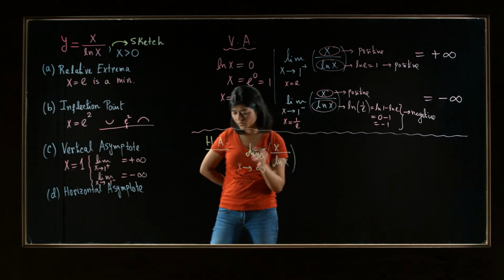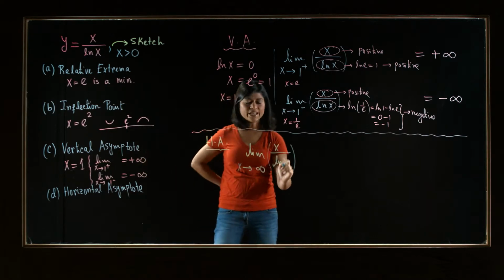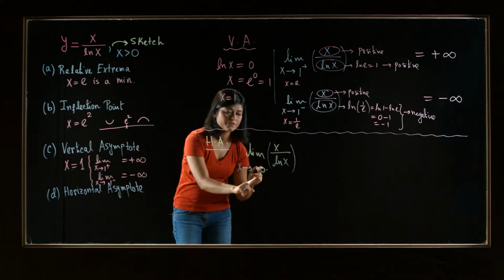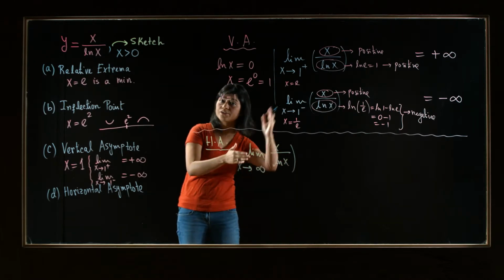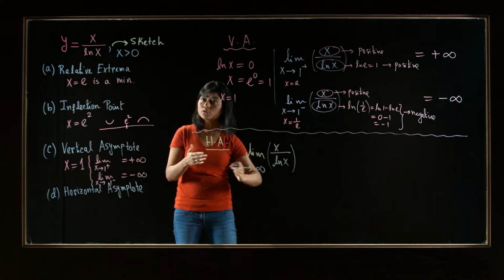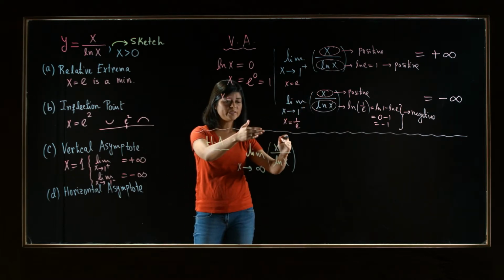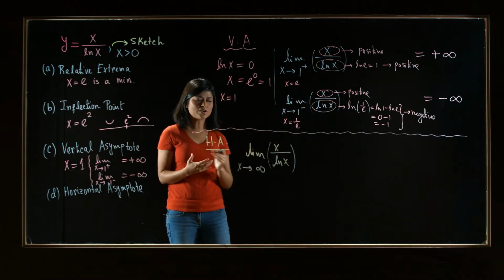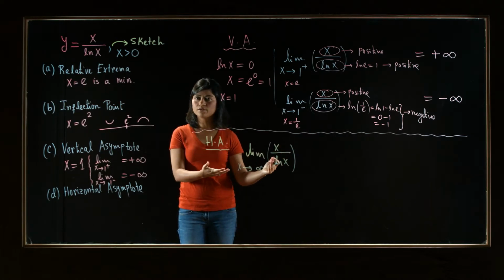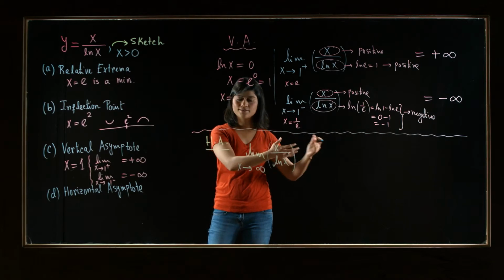Note that natural log is an increasing function. So as x goes to infinity, natural log will be increasing. But x is also an increasing function. So they're both increasing, right? So it will be like an infinity over infinity. So how do we know what the value is? Is there one? Is the whole thing increasing?